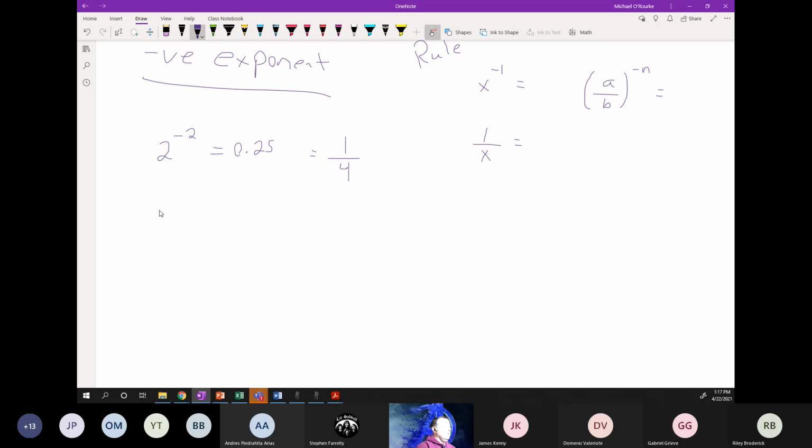What is 10 to the power of negative 2 equal to? 0.01.